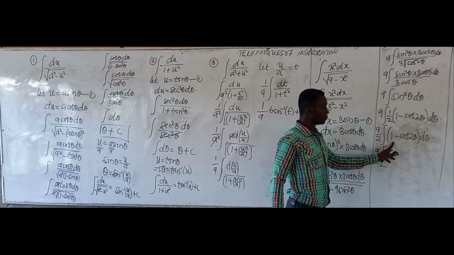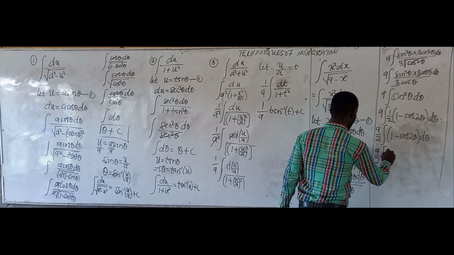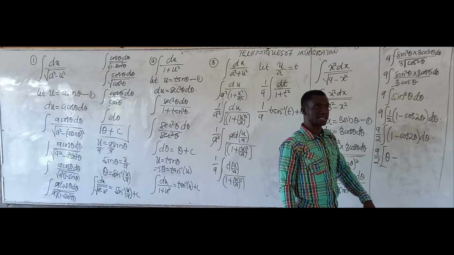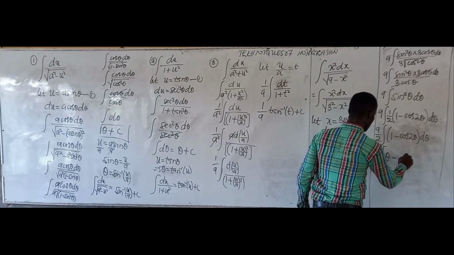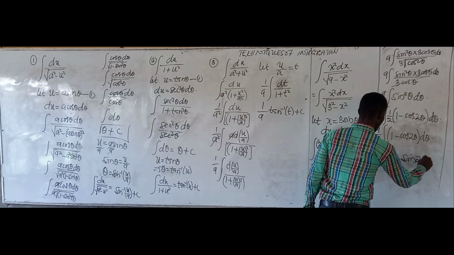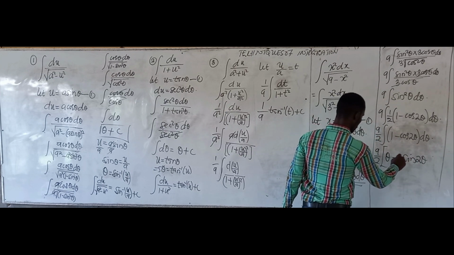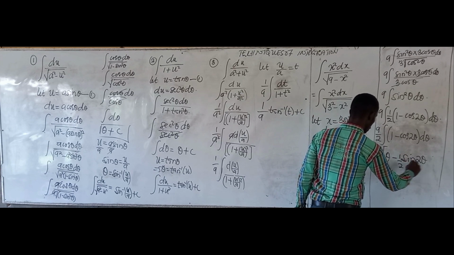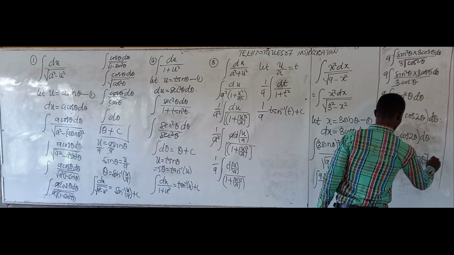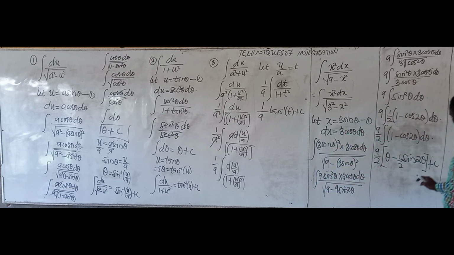If I integrate 1, because it is d theta, it will give me theta, minus the integral of cos 2 theta, which will give me sine 2 theta over 2, plus c.